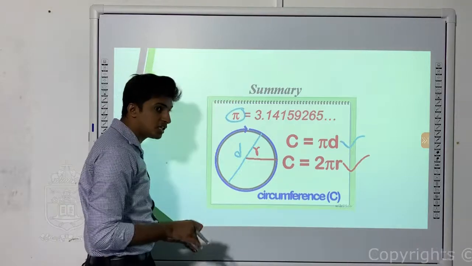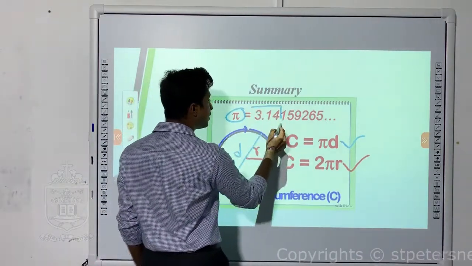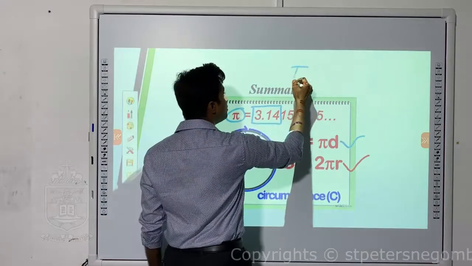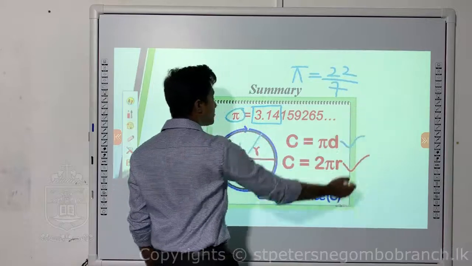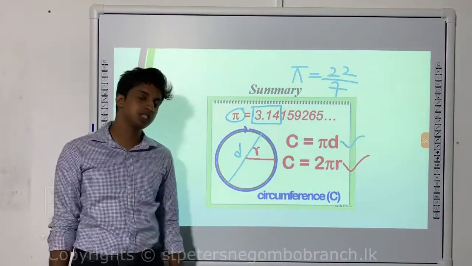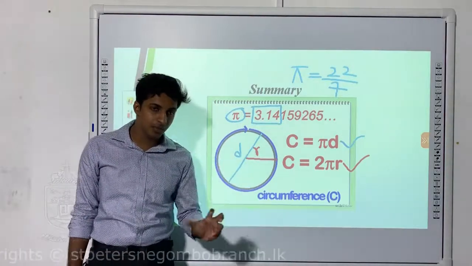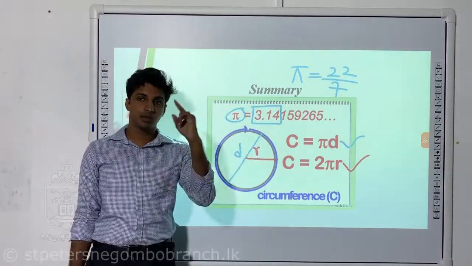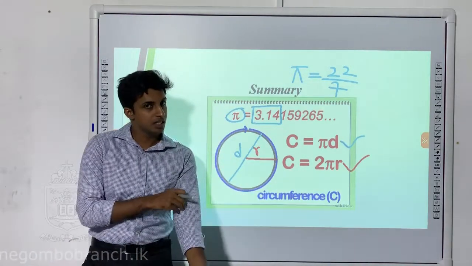It is not changing. It's fixed for any question. It can be taken as 3.14, or what we generally use is 22/7. Also, a very important point in this part of the lesson was that if they ask you about one rotation, remember that one rotation is going to be equal to one circumference of a circle.